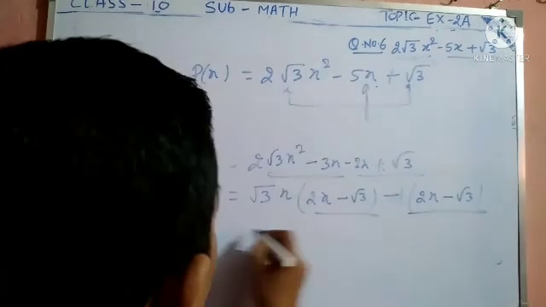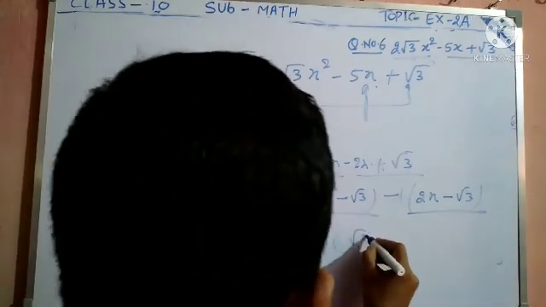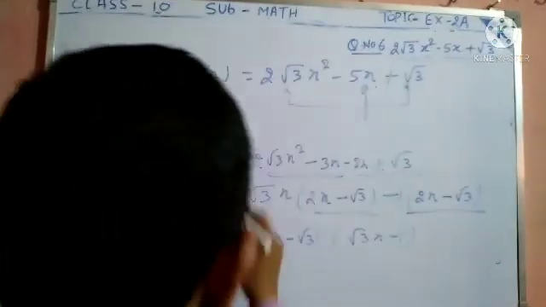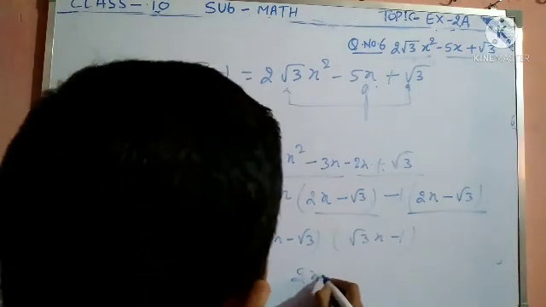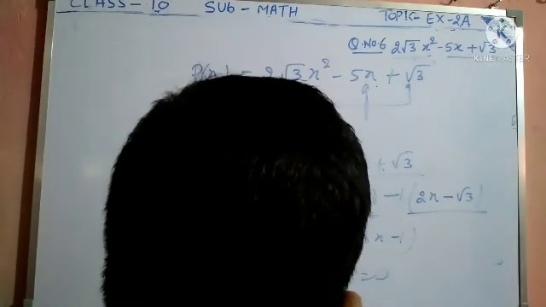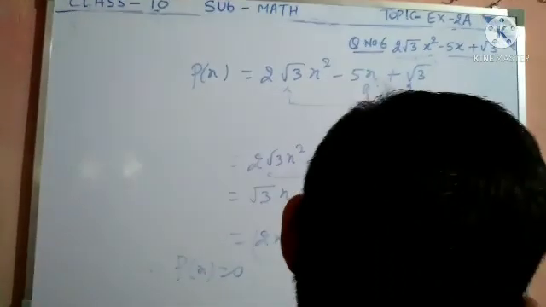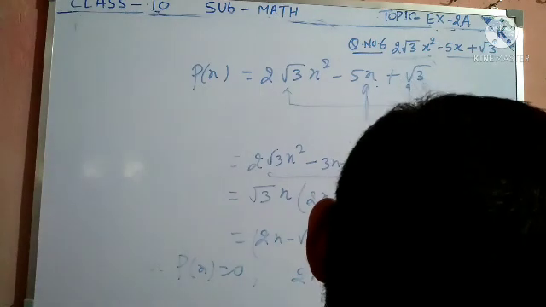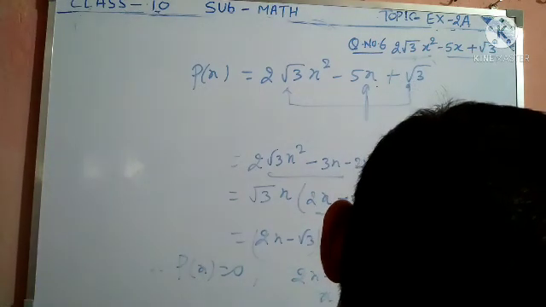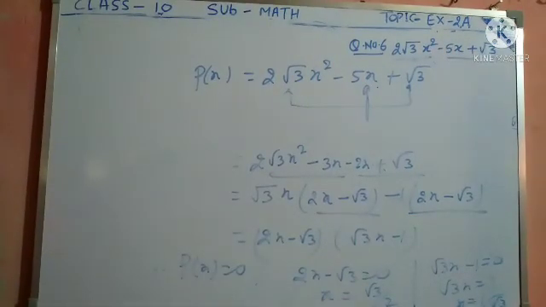The common factor is 2x minus root 3, so we get 2x minus root 3 and root 3x minus 1, and p of x is equal to 0. So 2x minus root 3 equal to 0 gives x equal to root 3 by 2, and root 3x minus 1 equal to 0 gives root 3x equal to 1, so x is equal to 1 by root 3. So we find the zeros.